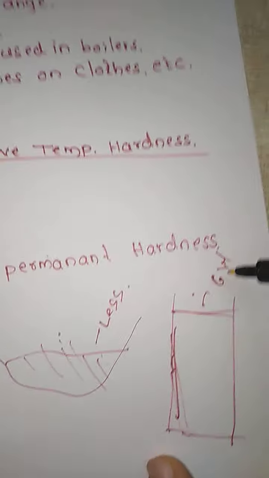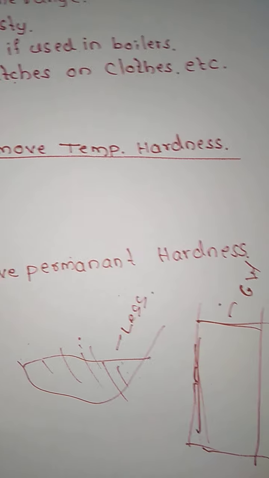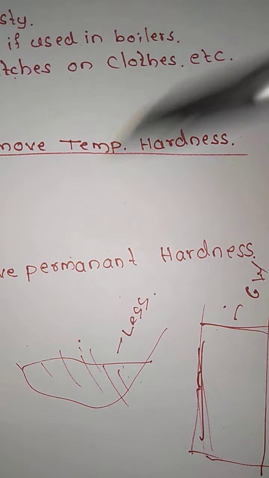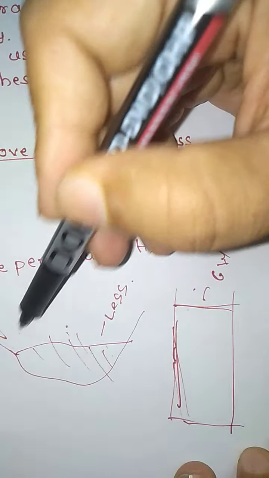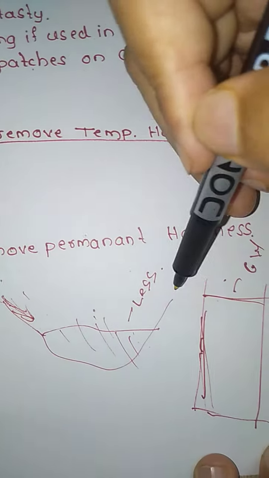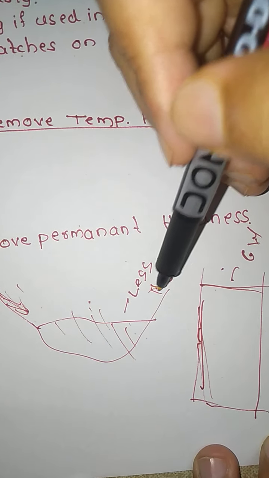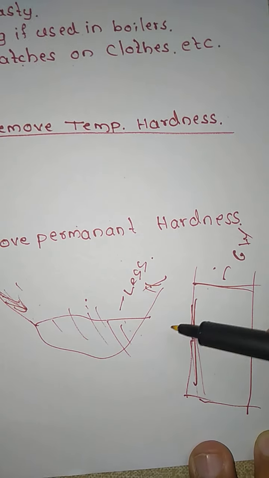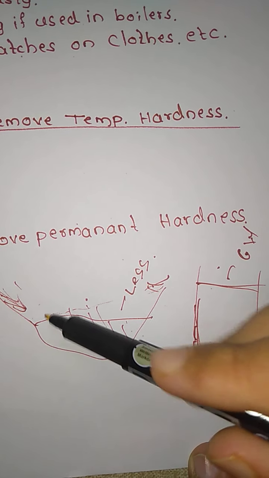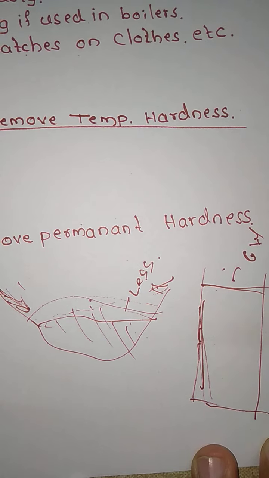The reason is, your surface source like rivers and lakes, the water flows down from the land and reacts with the soil. Soil also has calcium and magnesium associated with different salts. So here it comes and accumulates in the river.